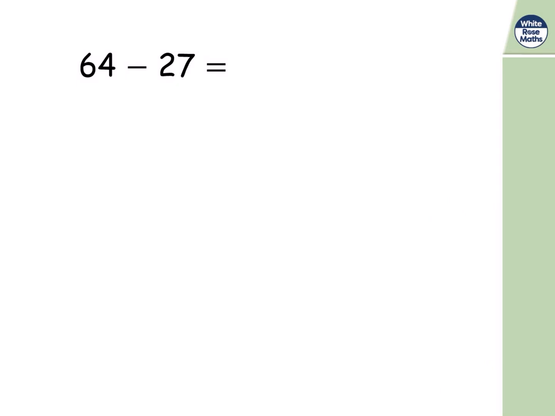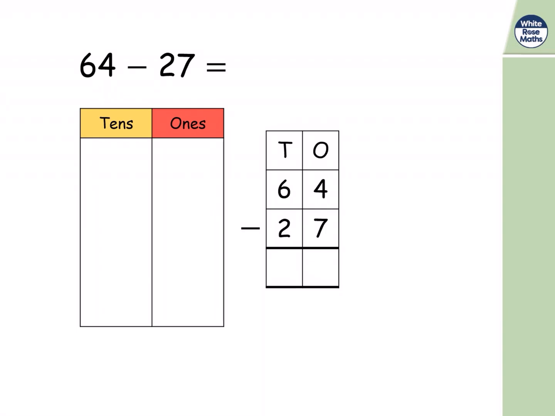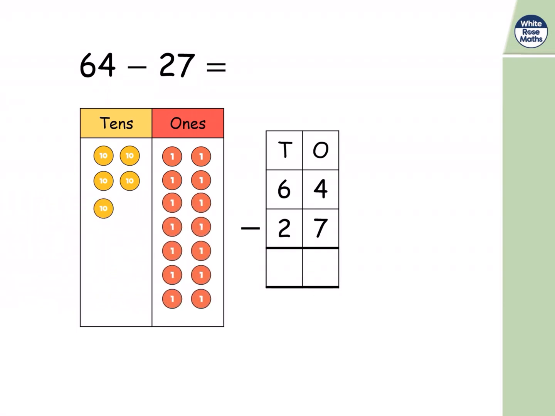Here's 64 subtract 27, and this time we're going to use a place value chart. These are really useful for showing how the tens interact with the ones. 6 tens and 4 ones. So first of all, I need to subtract 7 ones. To do that, I need to exchange 1 10 for 10 ones.